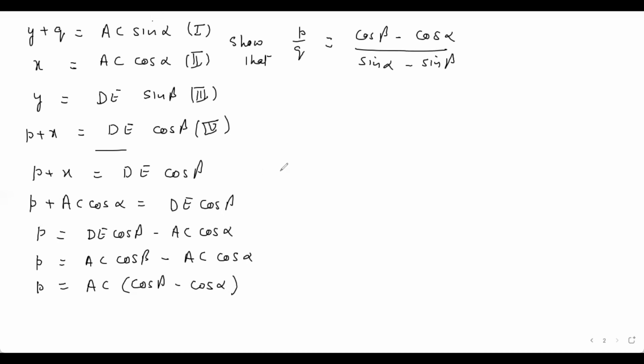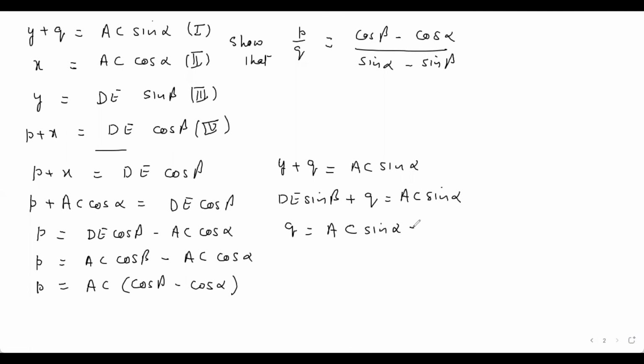Now write the first equation. Instead of y, write DE sine beta. Here I have substituted the value of y, which is DE sine beta. So Q is equal to AC sine alpha minus DE sine beta.